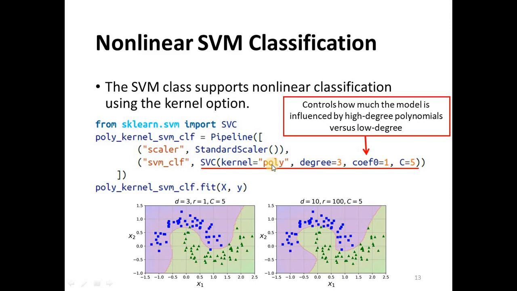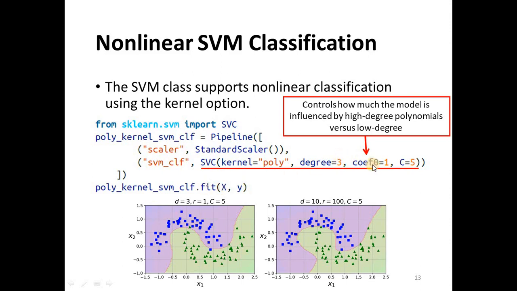Here in this example, we select a polynomial nonlinear classification. The polynomial here is of degree 3. Again, the classifier with the standard scaler are in one pipeline. We do fitting as usual.